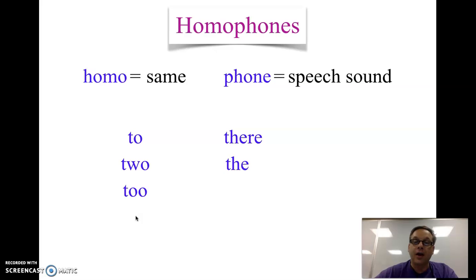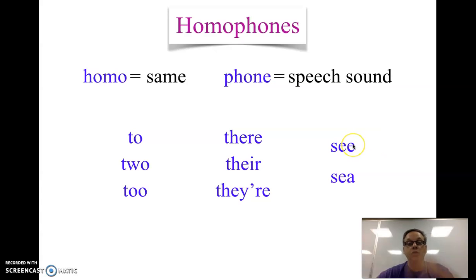You know there, and there, the place, the thing that is theirs, that they own, and the contraction they are. And the last group, you know see and see. See what we do with our eyes, see the place where the water is and the beach is.